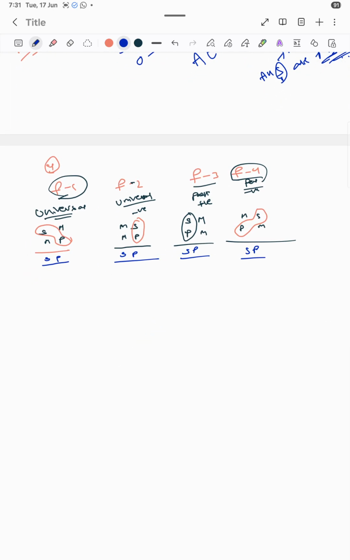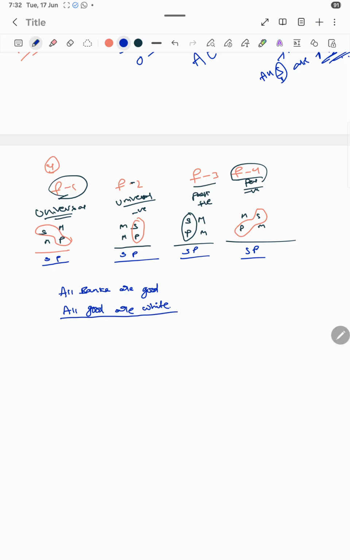Okay, suppose now: all banks are good, all good are white.